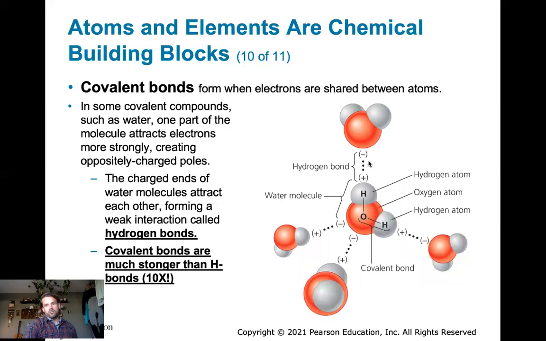A lot of times hydrogen bonds are denoted by these little dashes just for notation. But the point is that covalent bonds present in each water molecule are much, much stronger than these hydrogen bonds, up to 10 times stronger, actually. So these are a couple of types of bonds. This is one way that compounds can start sticking together.